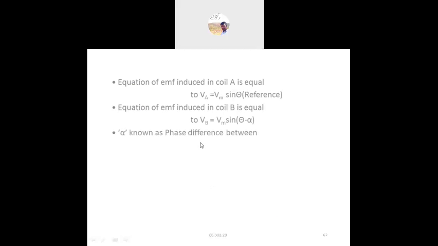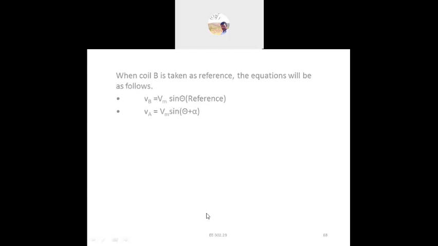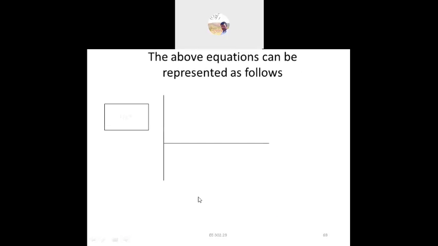Let's see how the phase difference comes for Va and Vb. Here we take sin(θ plus α). Let's see the phase difference. This is Vm sin ωt, and the other is Vm sin(θ plus φ). You can see this is the difference, and it is called the phase difference, the angle between the two phases.